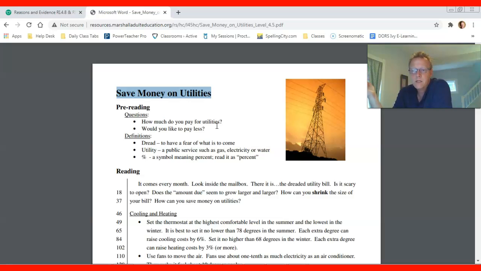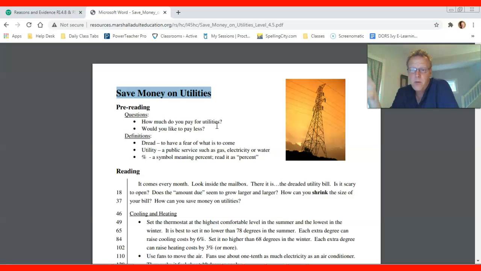How much am I spending on electric? Depending on how cold or hot it is, anywhere from $150 to $200. So I'm spending about $300 a month, give or take, on my utilities.